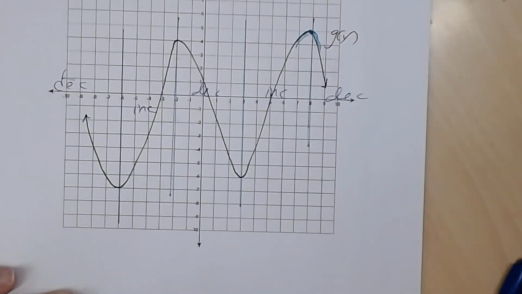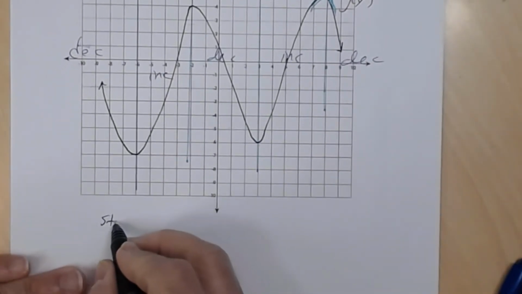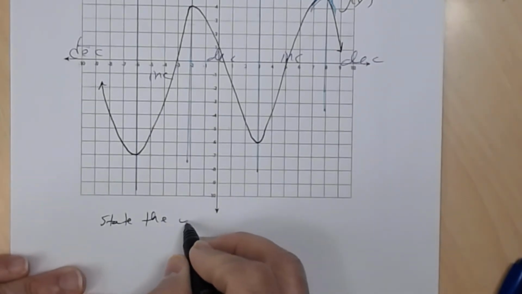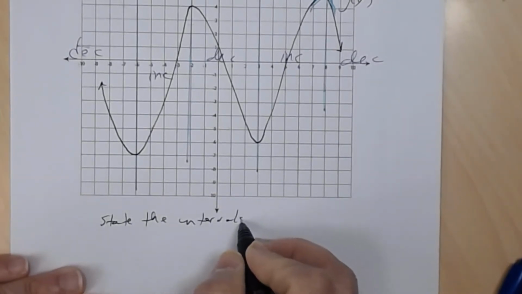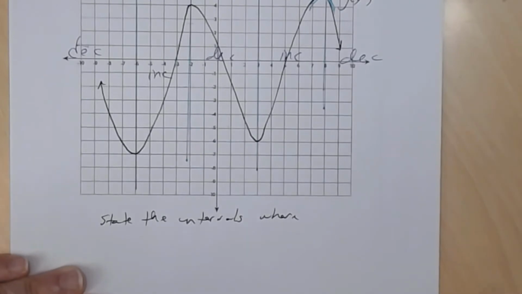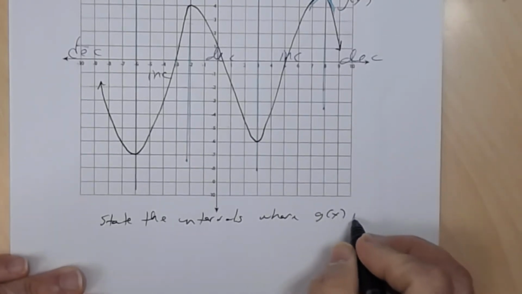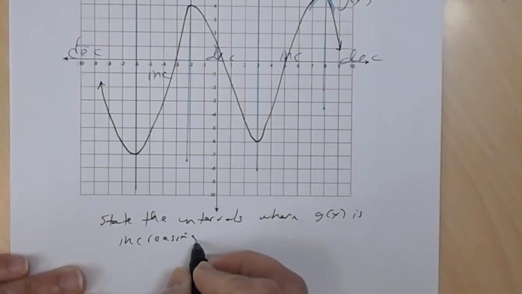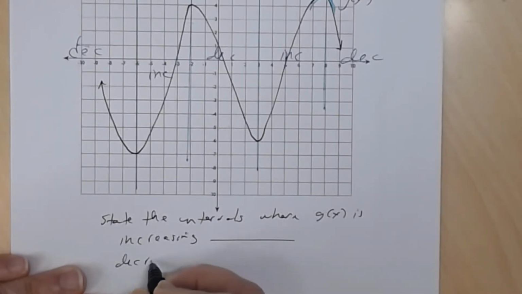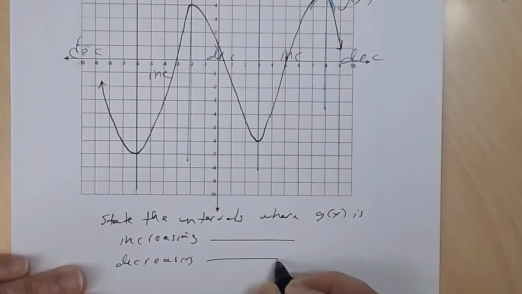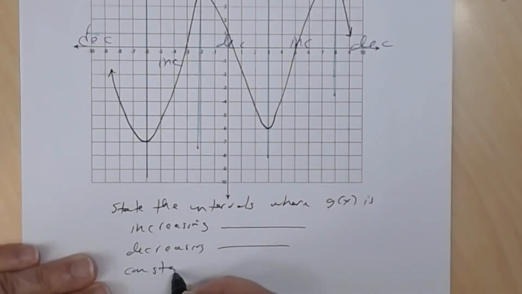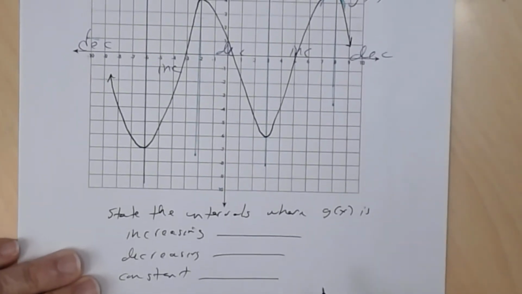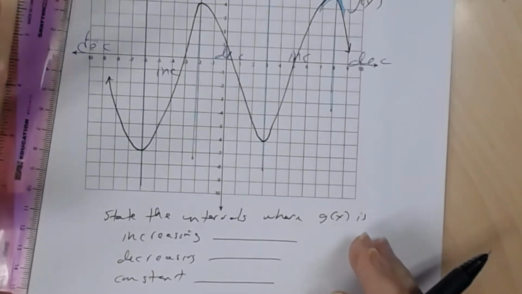All right, so the question becomes, state the intervals where g of x is increasing, decreasing, constant. Okay, so you can go from left to right.